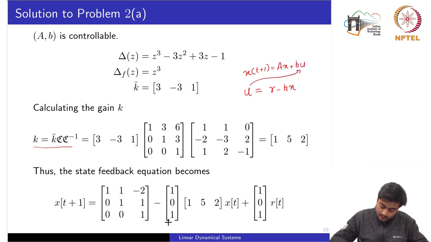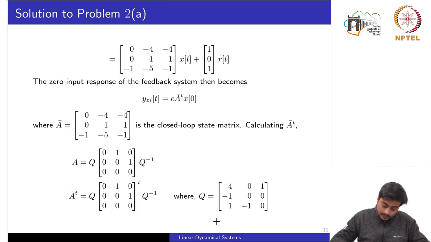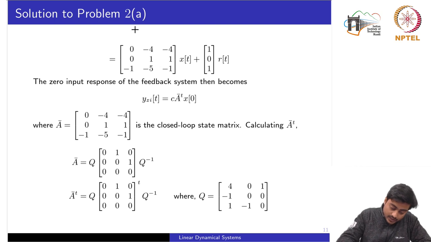Substituting this u, we obtain directly this one. And finally, the closed loop matrix, or the state matrix, is given by this one, which we are assigning as A bar. Okay, so this would be the closed loop state matrix, and this is the distribution matrix with respect to the reference signal.